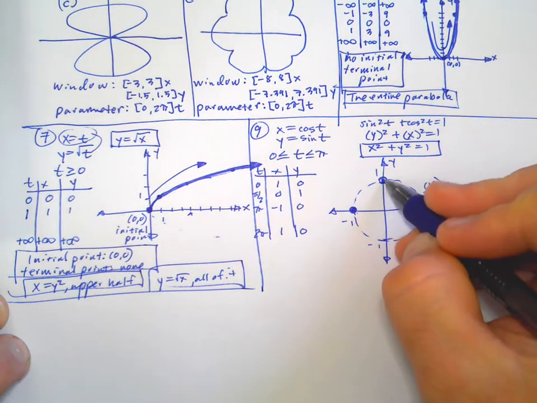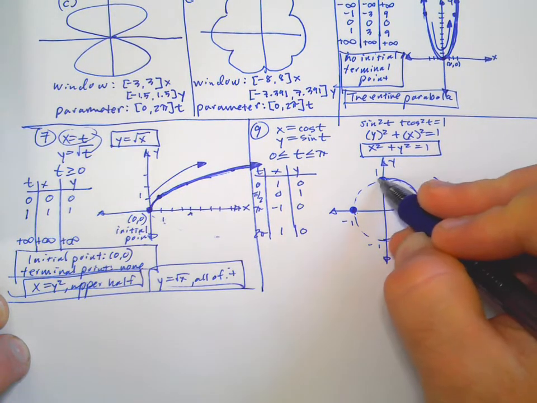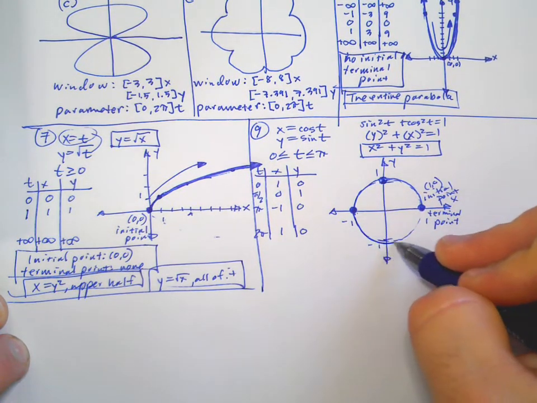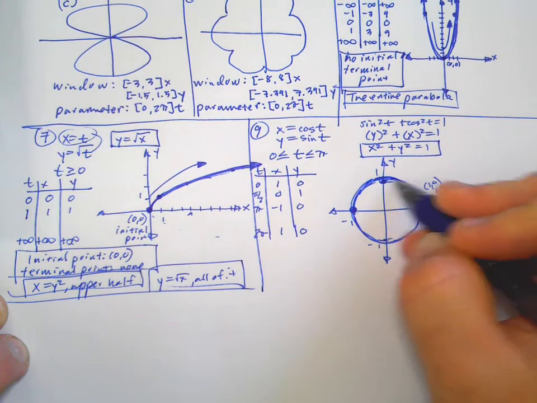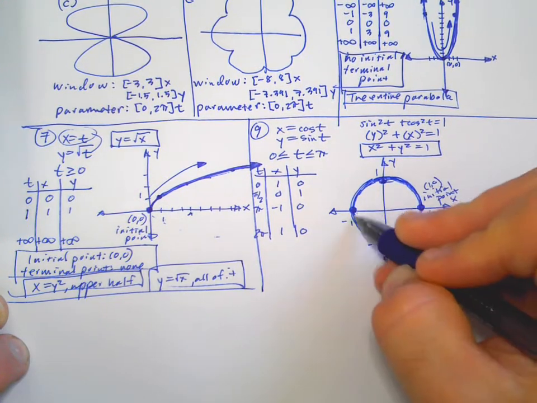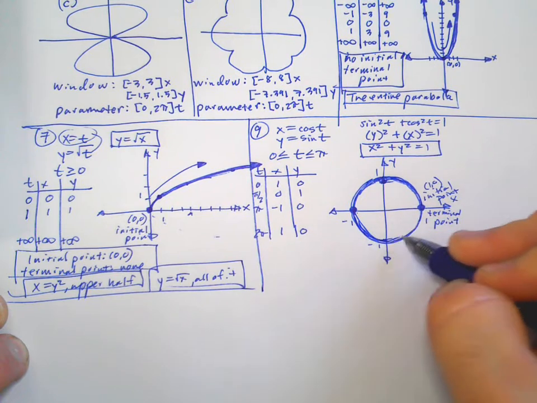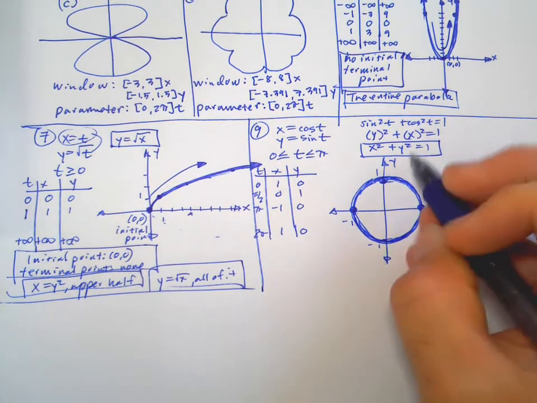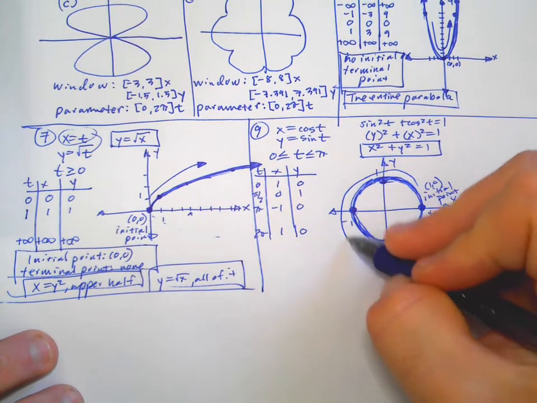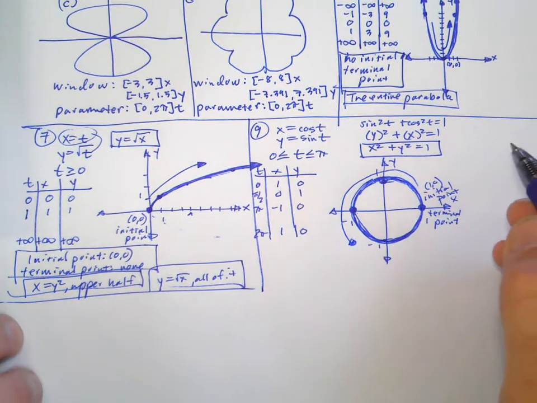So that's up here. So it's definitely going from here to here. And it's going to go around the whole circle. And I think it just goes through it once, right? Some of these circles can go through once in a matter of just pi. So draw an arrow showing the direction.